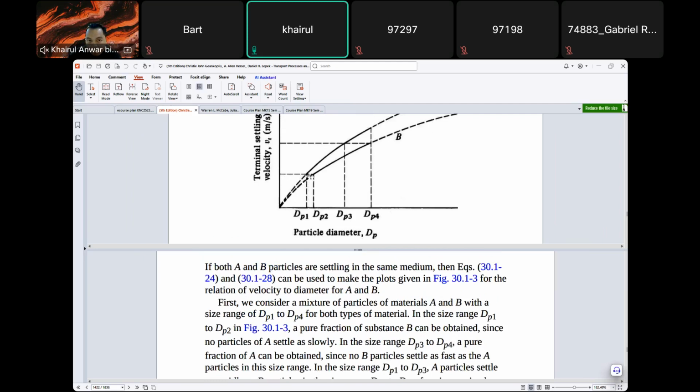So DP1 to DP2 covers only particle B, this area, which is why they say a pure fraction of substance B can be obtained between DP1 and DP2.